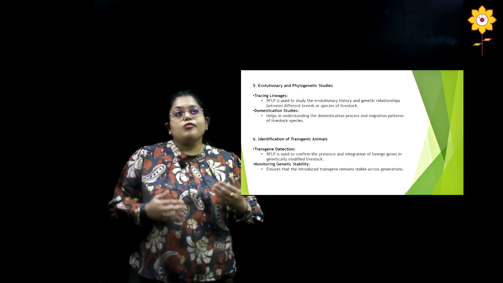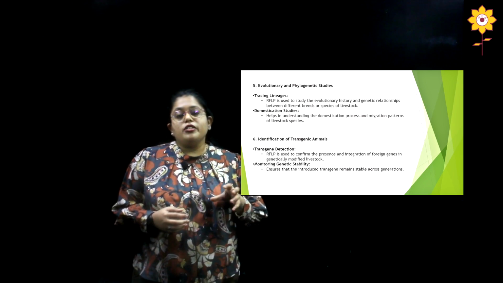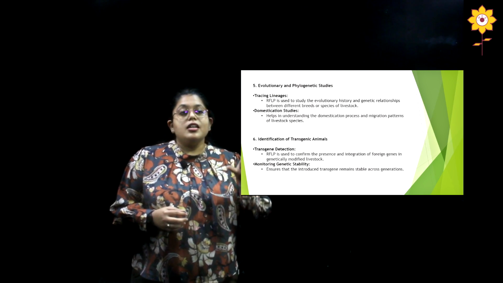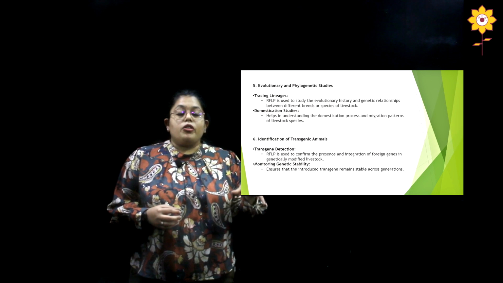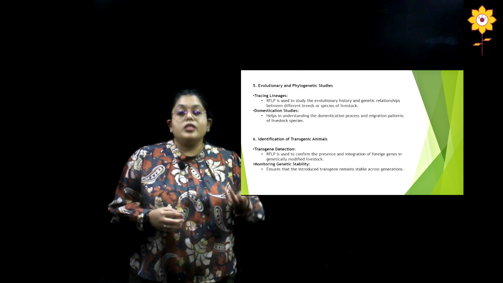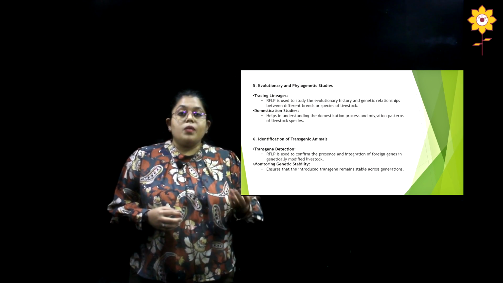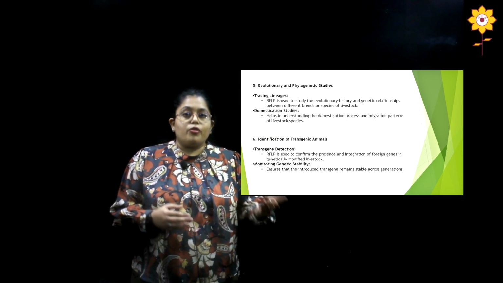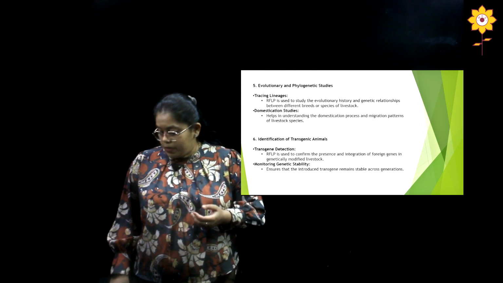It is not necessary that if I insert a gene into an animal it has to be successful. That's not the case. Sometimes those genes may not be expressed and may not turn up as I wanted. So in order to check whether it is a success or not, I can go with this RFLP technique.